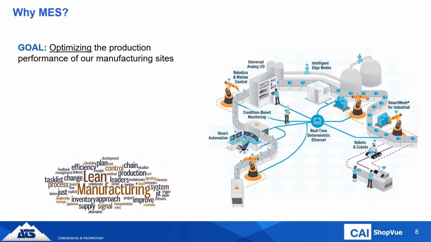But fundamentally, this is your goal, right? To optimize the production of their manufacturing sites. And for many of our customers, those are global. All manufacturers, whether they leverage man or machine, right, whether they're fully automated or they're labor intensive, want to best configure their assets deployed in support of these business strategies.